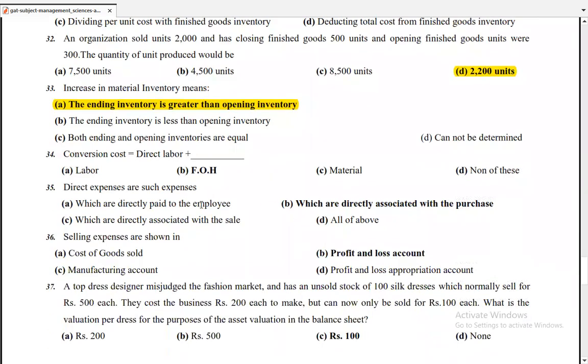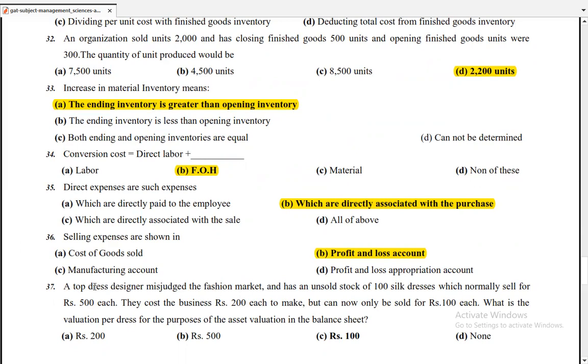Conversion cost is equal to direct labor plus FOH, factory overhead. Direct expenses are such expenses which are directly associated with the purchases. Okay. Selling expenses are shown in profit and loss account.